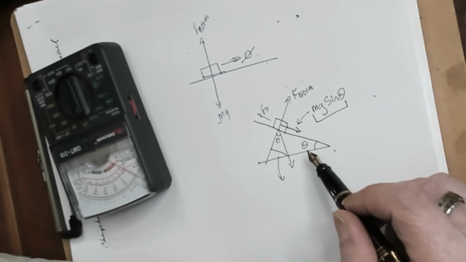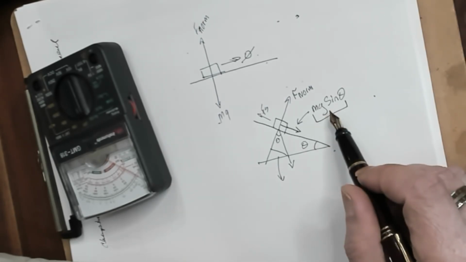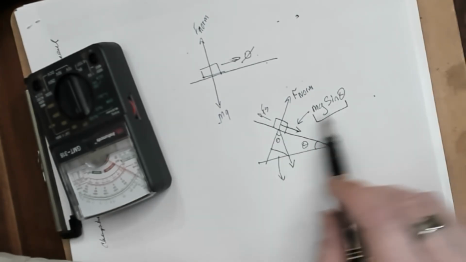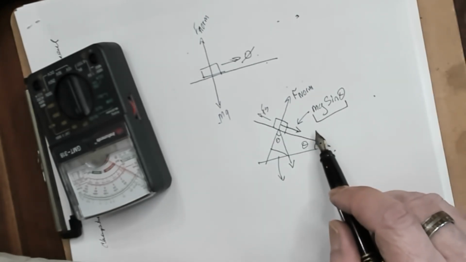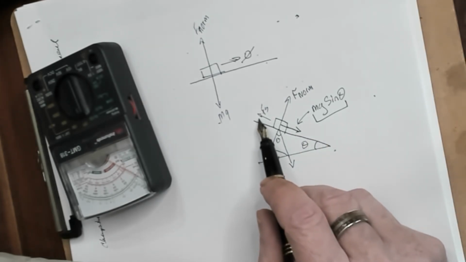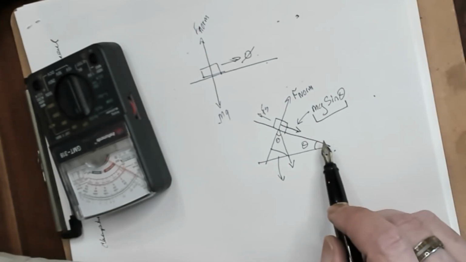And as angle theta became larger, this value became larger until it reached the point that it balanced the static friction. When we raised the angle a hair more, we were able to exceed this static force of friction, and the multimeter began to move.